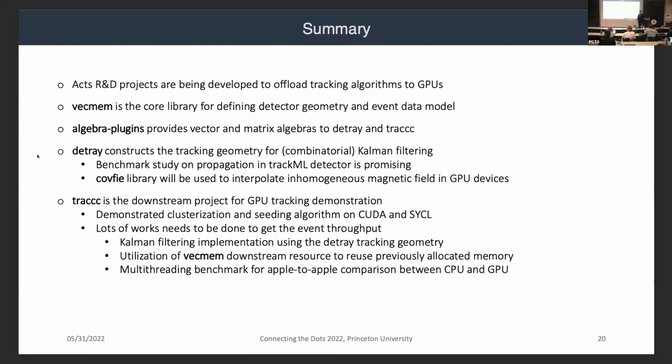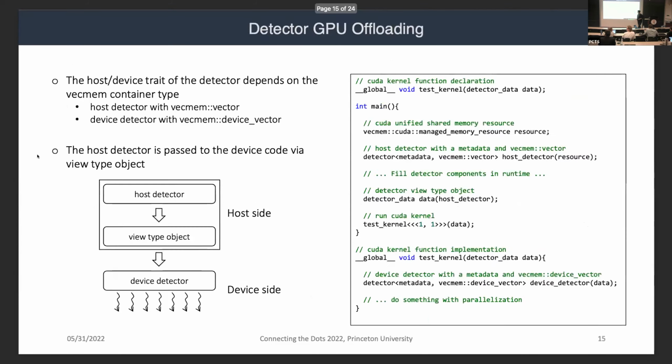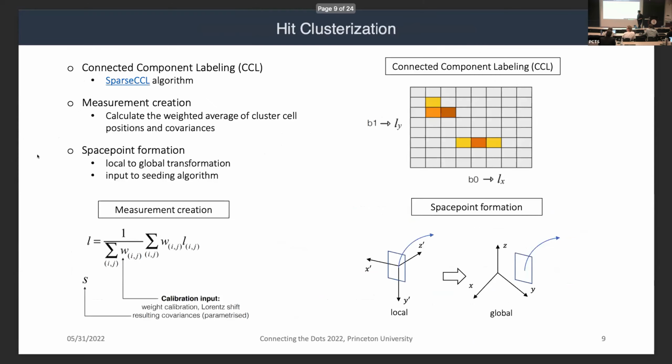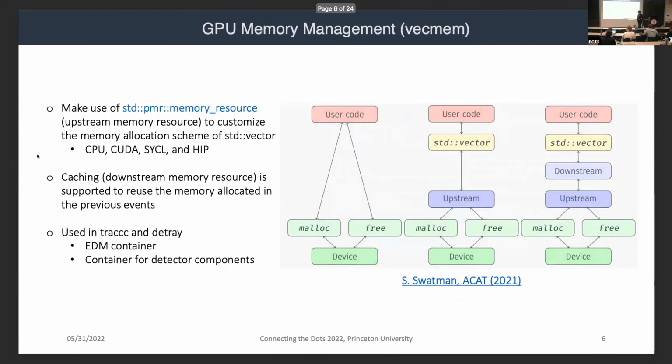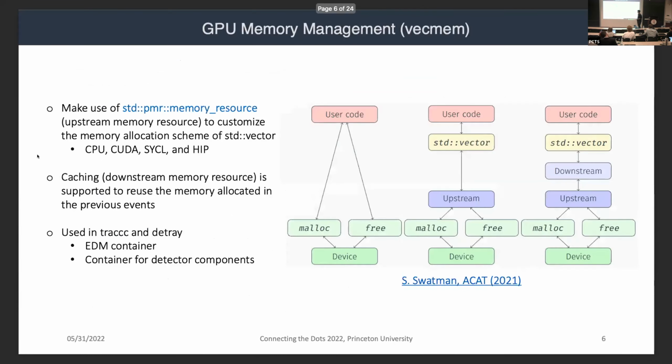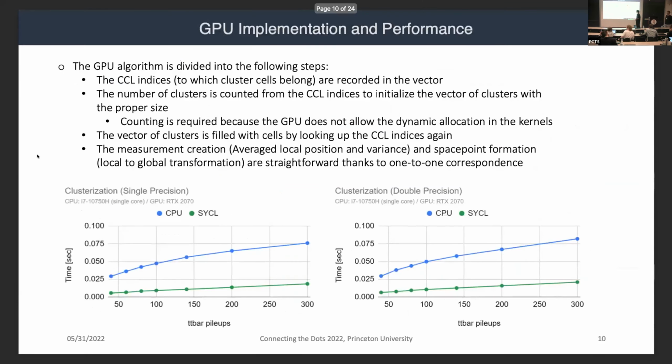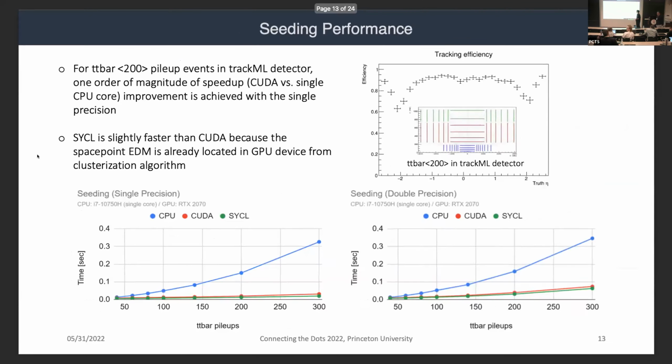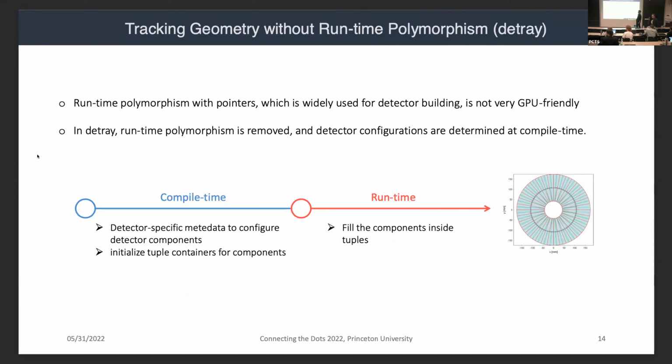Because for the magnetic field, you said that the size of the arrays was fixed. Yeah, but if you wanted, for instance, to describe a detector that has a new shape in it, you need to recompile your application. But once you have this shape, the polymorphism was the problem of the initial common approach.